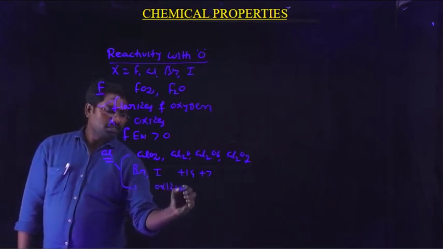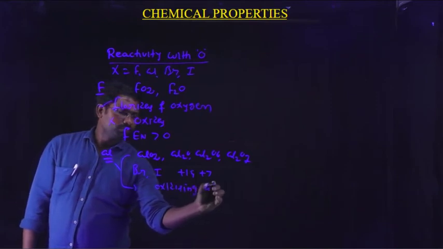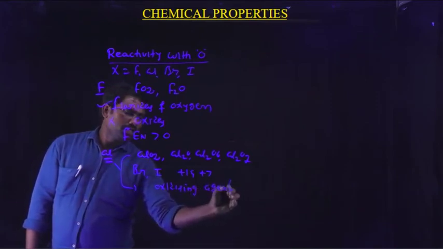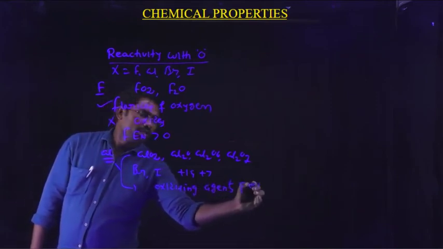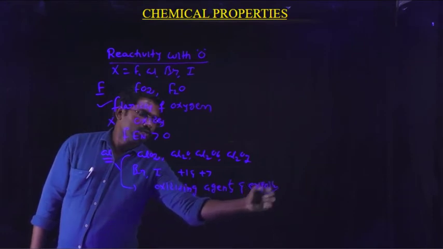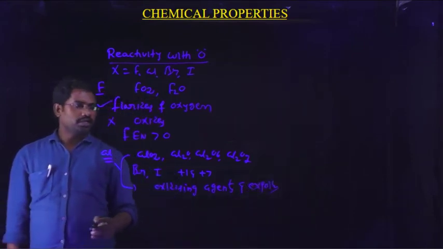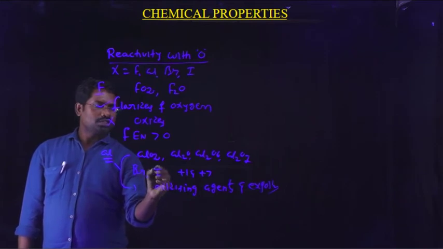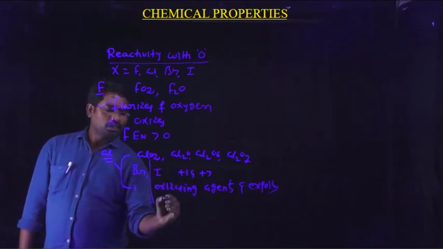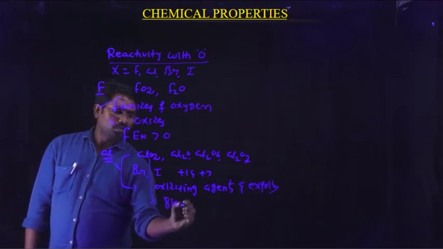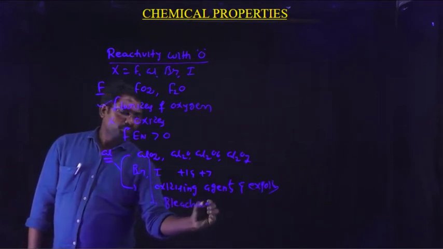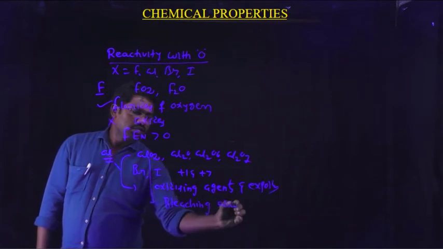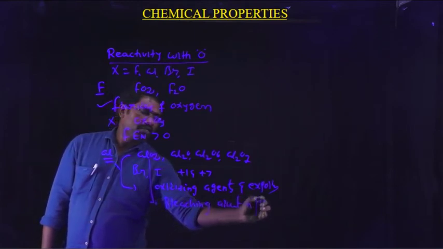These are all best oxidizing agents and have a highly explosive nature. Here ClO2 can act as a bleaching agent, and it is used in the paper industry.